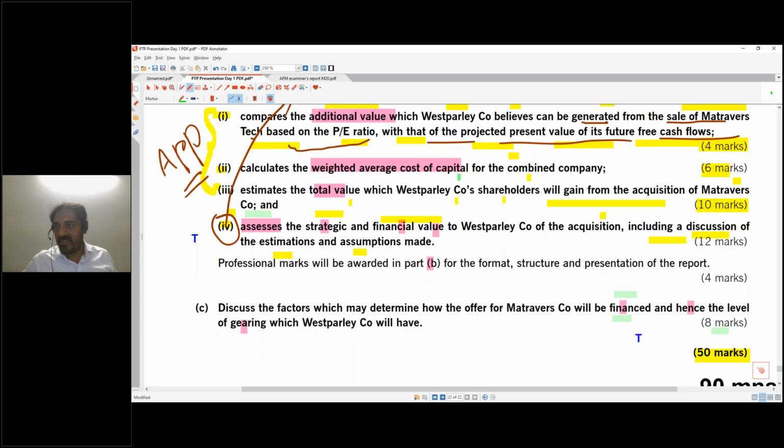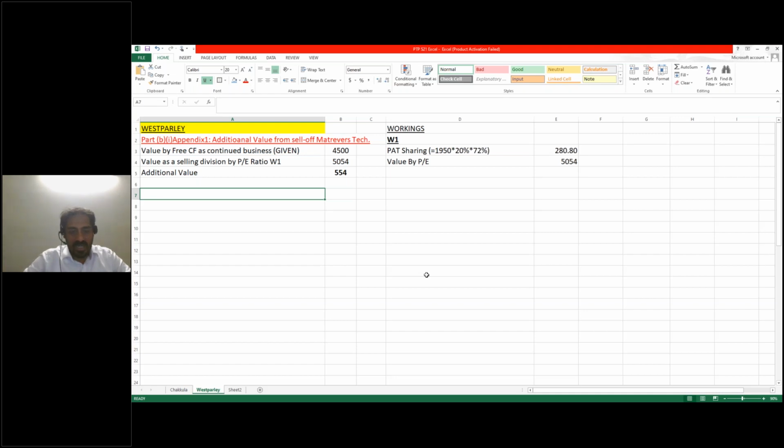Now the next thing is the weighted average cost of capital. That's called appendix. Appendix 2, combined WAC, part B2.